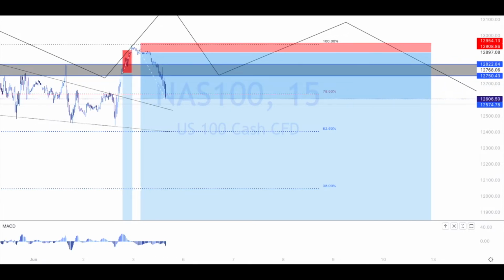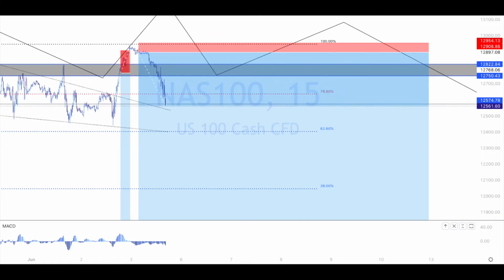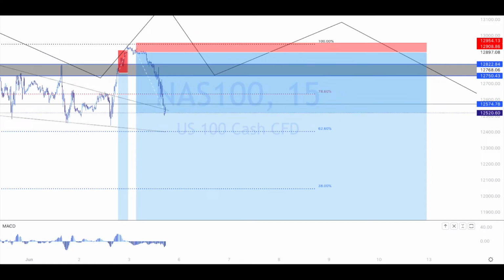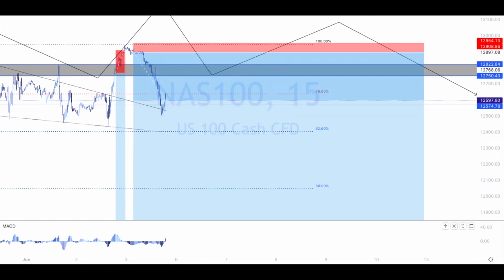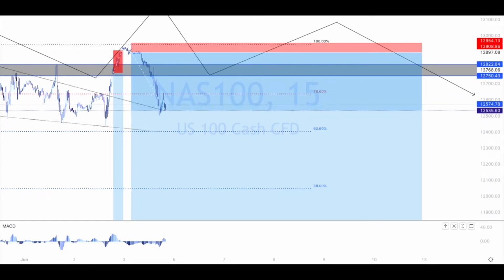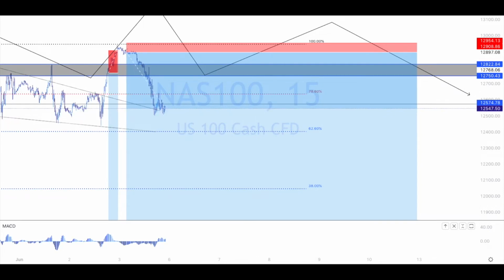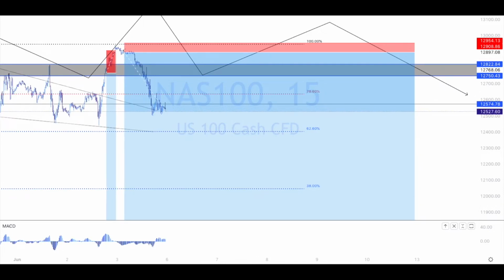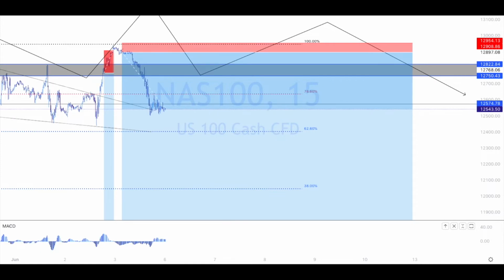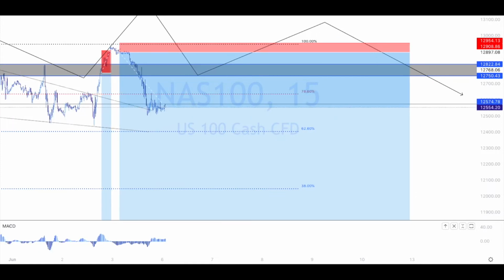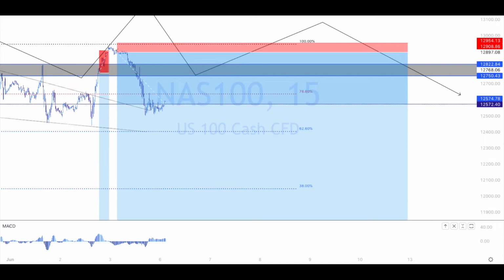Okay, so we're gonna let it do its thing. And so far so good. We're making nice gains right now. At this point, there is no trailing stop. We're just gonna let it run.